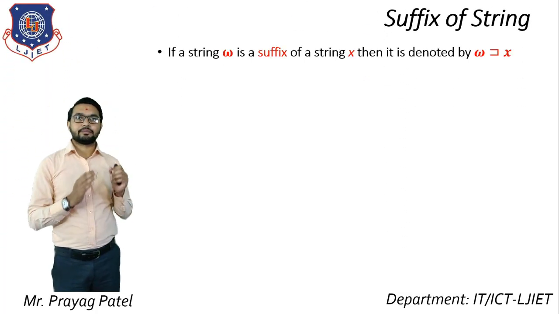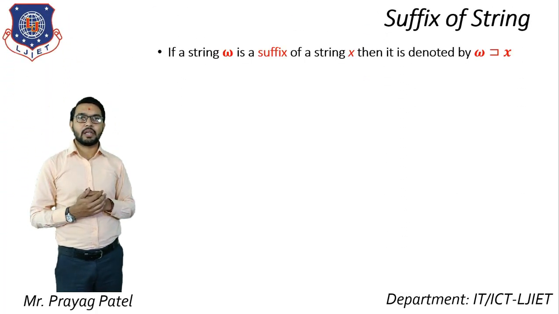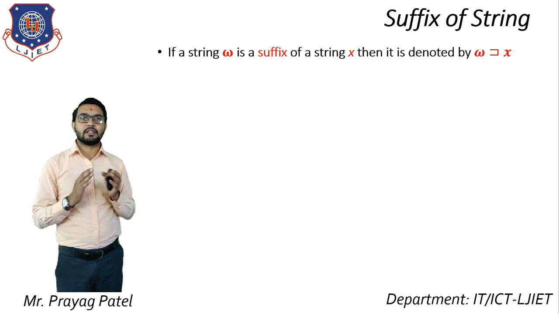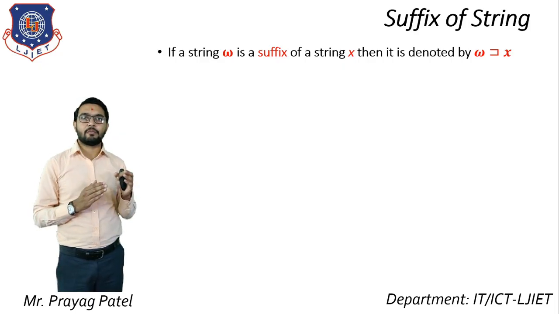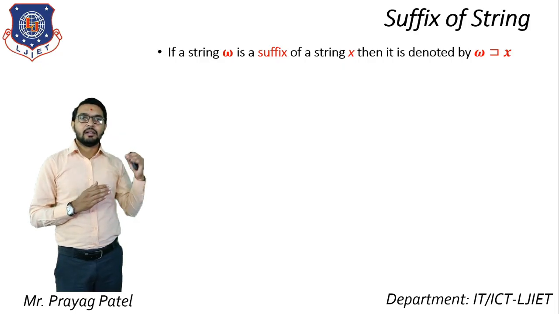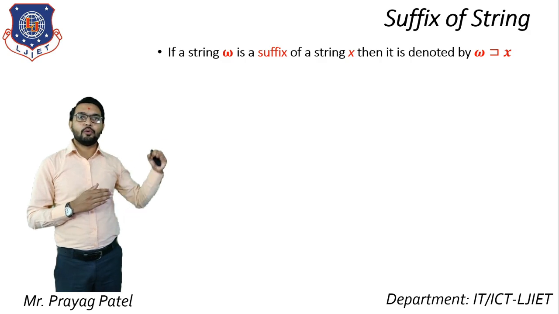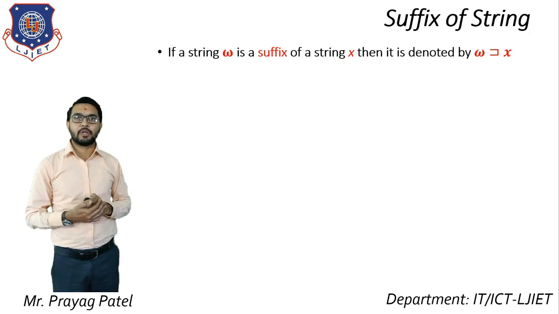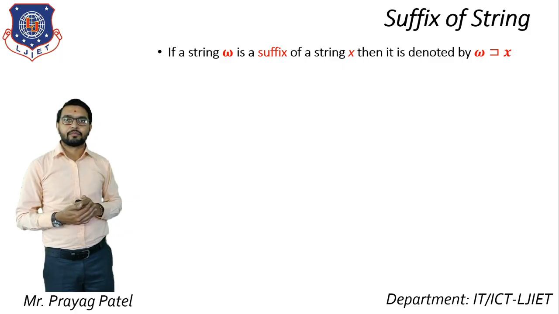Now consider the suffix of a string. Consider one string and its suffixes. If a string W is a suffix of a string X, then it is denoted by W ⊐ X, like this. This symbol is used for the representation of suffix.